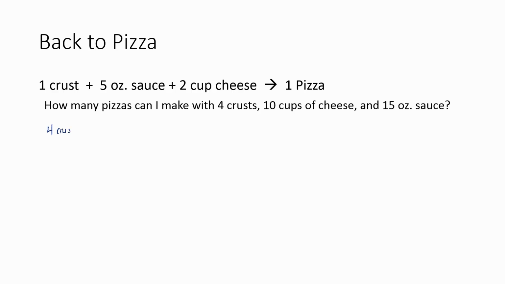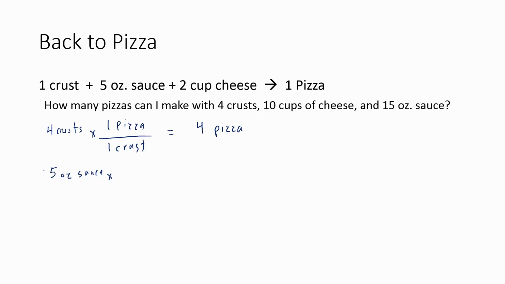For crusts, that's a 1-to-1 ratio. So I should be able to get 4 pizzas if the crusts are the only thing holding me back. I'm sorry, I don't have 5 ounces of sauce.